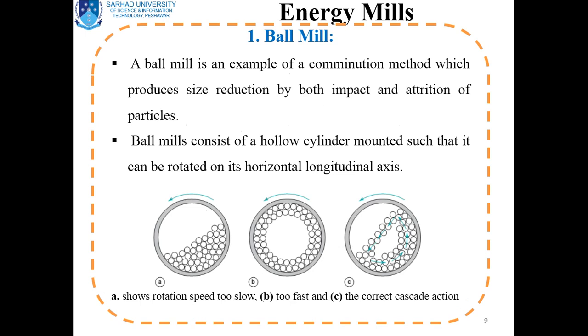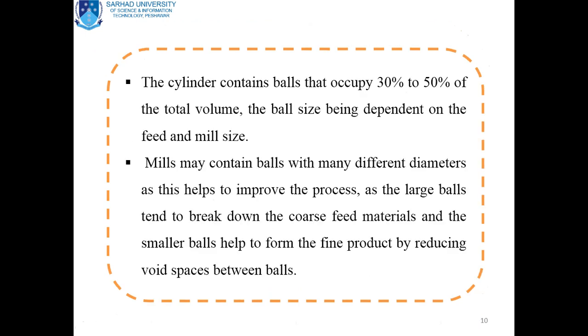And in energy mills, we have discussed the ball mill, where the mechanism involved is impact and attrition for particle size reduction. This figure shows rotation speeds that are too slow and too fast, as well as the correct cascade action of the mill.